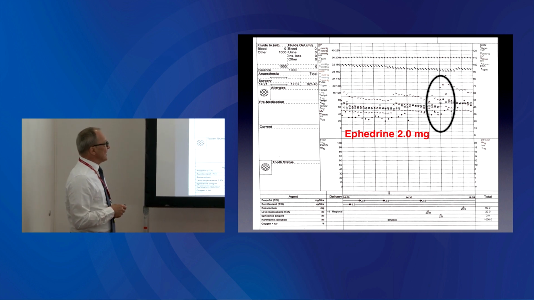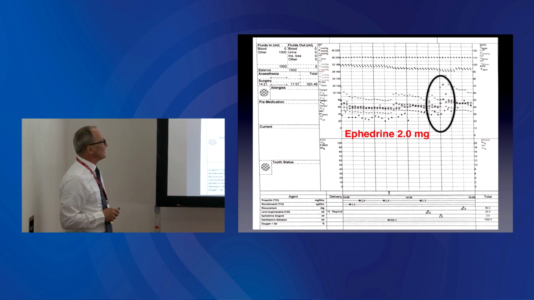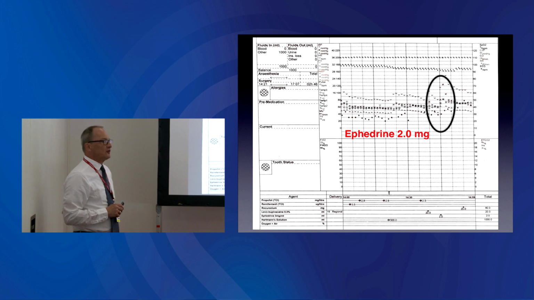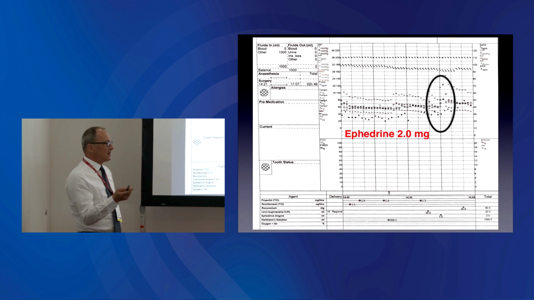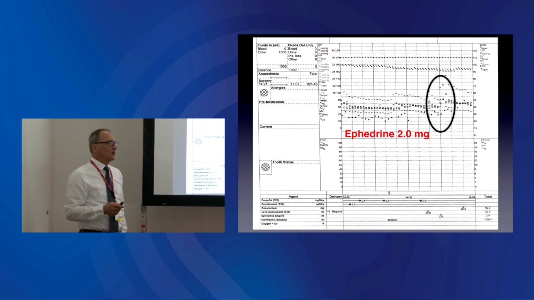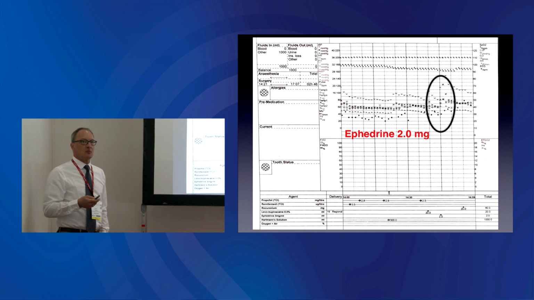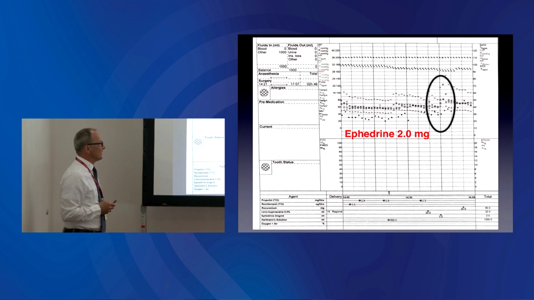The patient actually had a bit of a drop in blood pressure here, and my registrar gave a small dose of ephedrine. We know ephedrine is very good in this, and you can see the blood pressure immediately responded. But what also responded is the heart rate, because ephedrine works by increasing cardiac output, mainly by the heart rate.